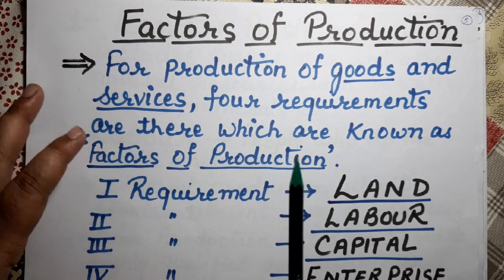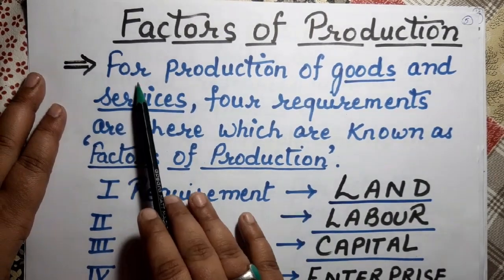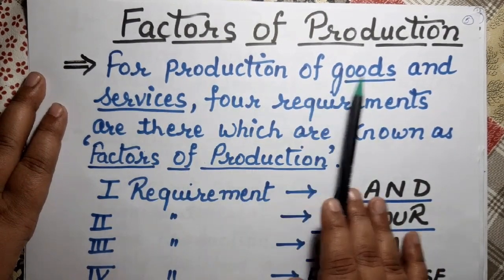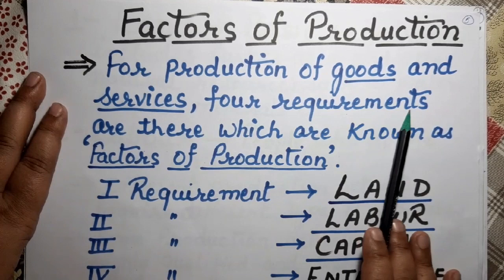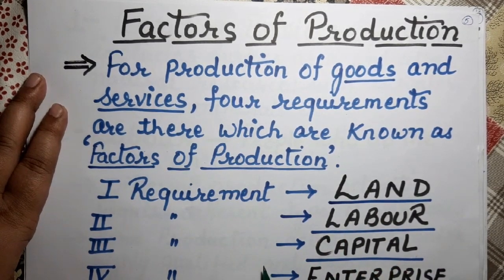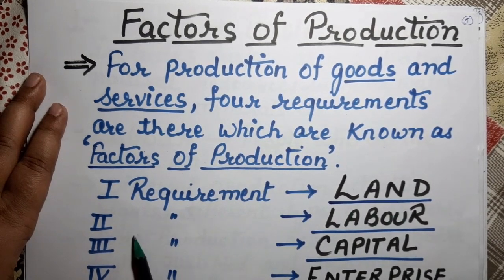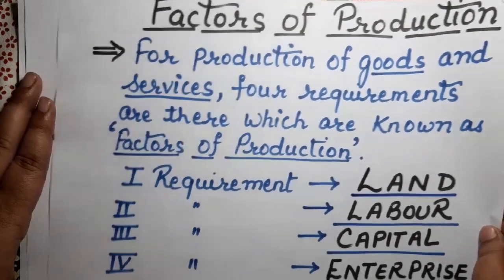So firstly, you should know what these factors of production are. For the production of goods and services, 4 requirements are there which are known as factors of production. The first is land, the second is labor, the third is capital, and the fourth is enterprise. Now we will go one by one in detail.